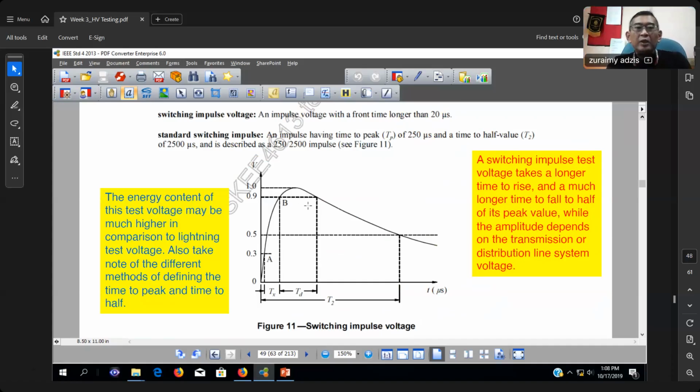So this will be a slower waveform. What about the energy content? The energy content of the switching test voltage may be much higher in comparison to the lightning test voltage, but that higher energy content occurs over a longer period. So make sure you really understand the difference between lightning and switching.